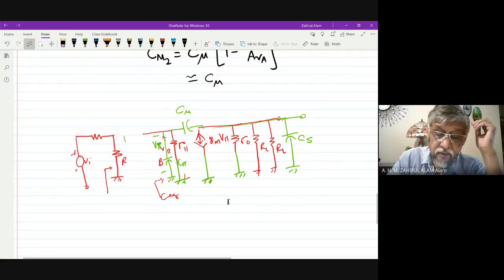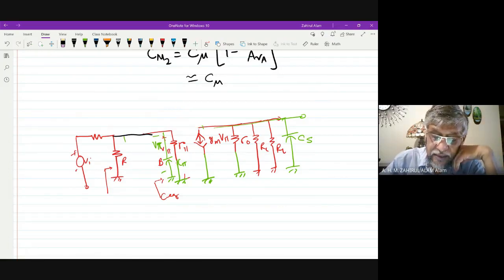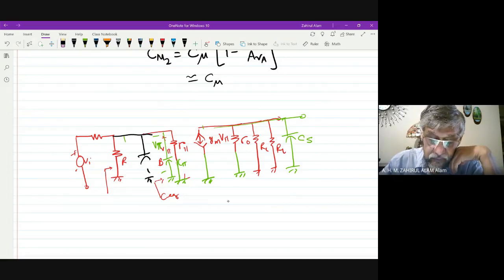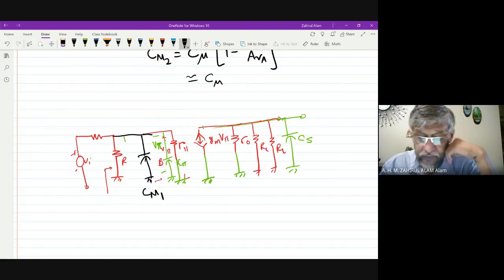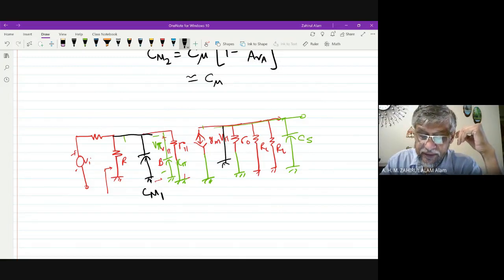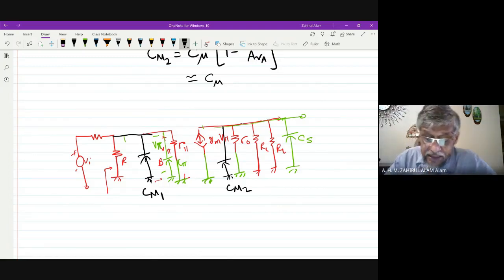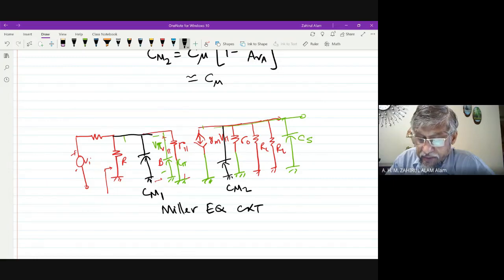How to draw the Miller equivalent circuit? Then we don't have C mu, we have CM1 and also CM2. So this is known as the Miller equivalent circuit diagram.